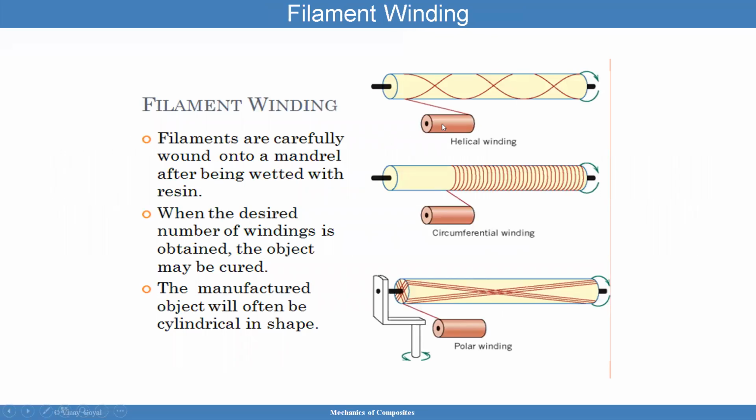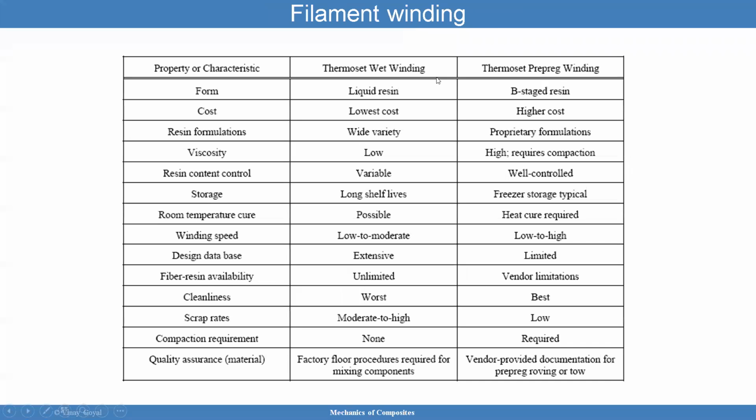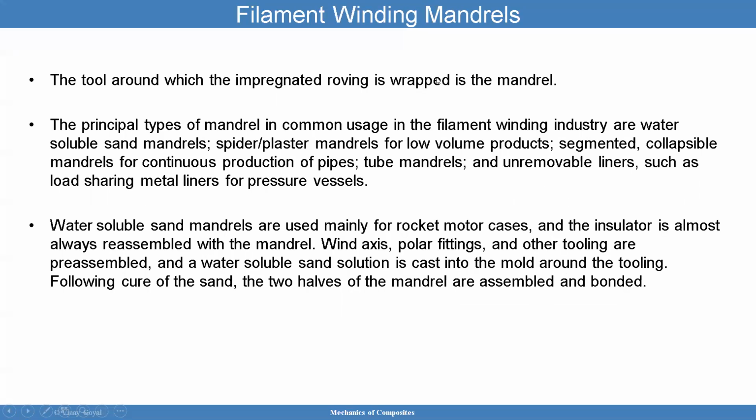You may have to cut this and somehow join it in some other way later. But yeah, those are some of the issues with filament winding. It adds additional steps, like how you remove the mandrel. And if you have to remove the mandrel, perhaps you have to come up with a unique solution for that application that I cannot say because there are so many ways of probably doing it.